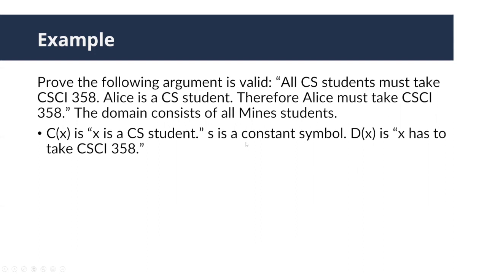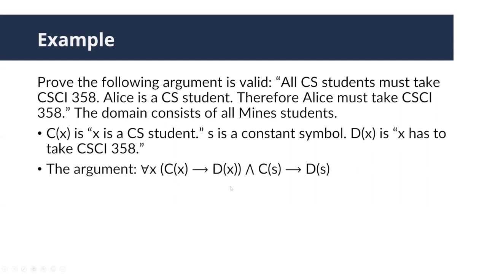Why do we need s? Because in the argument, we have Alice, who is a particular CS student. Therefore, we need to use a constant symbol s to denote Alice. And we use D(x) to denote x has to take discrete math. Now the translation is this one.